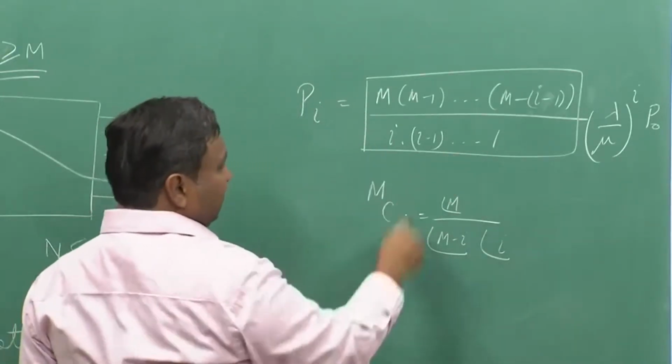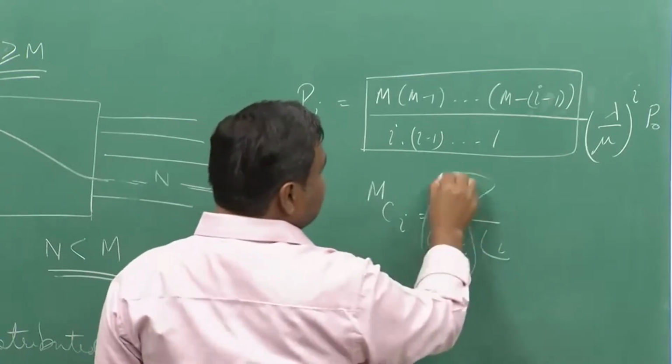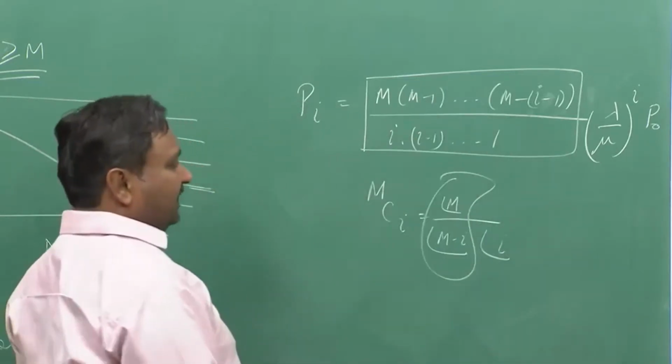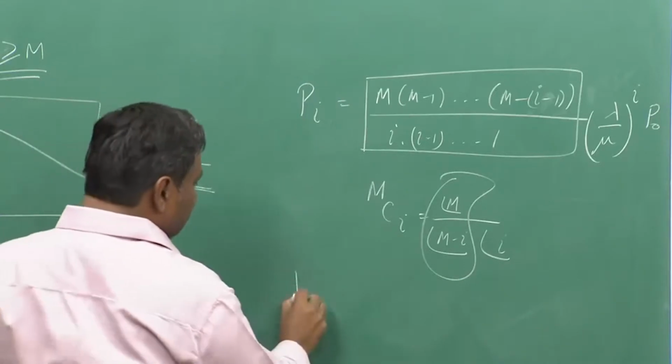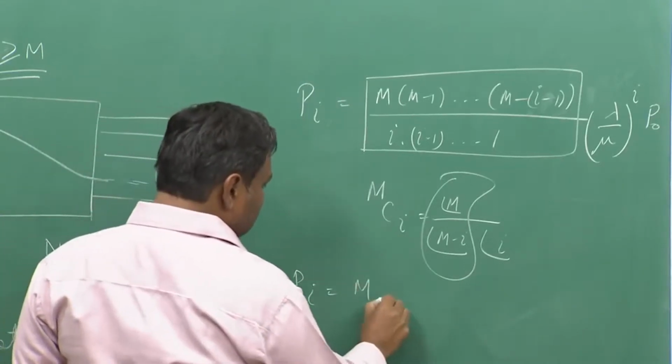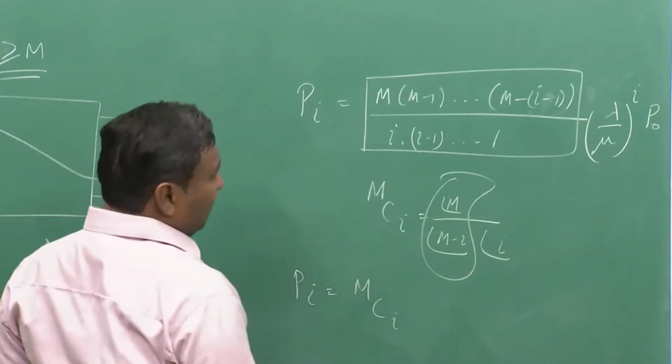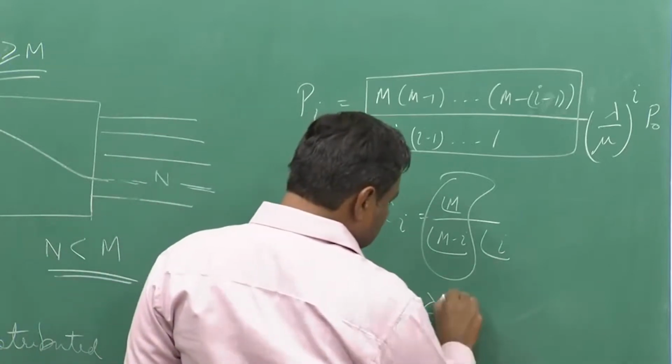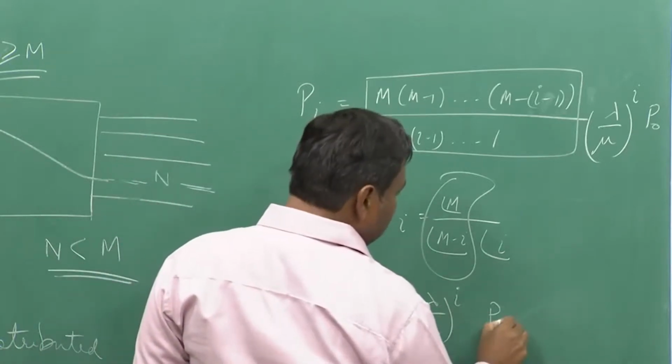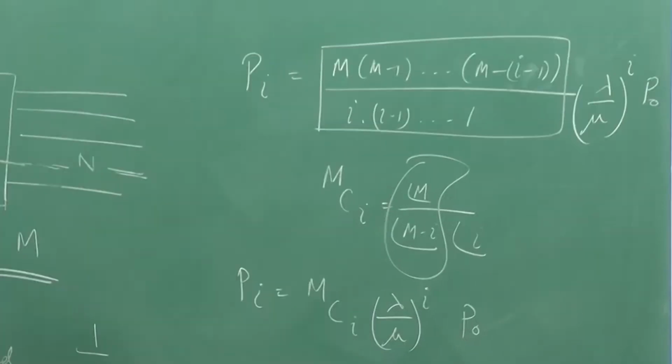The lower part is I factorial and this part is what gives you the numerator here. So, I can write Pi as m combinatorial I lambda by mu raised power I into P0. So, for every state the probability now can be represented in terms of P0.